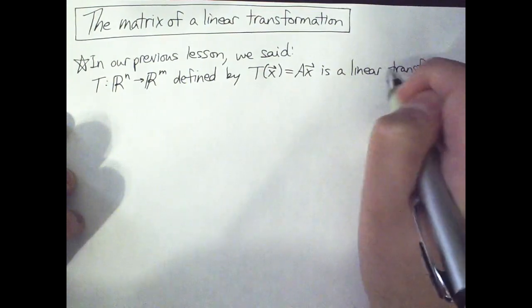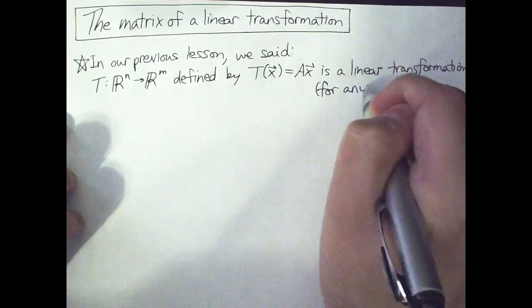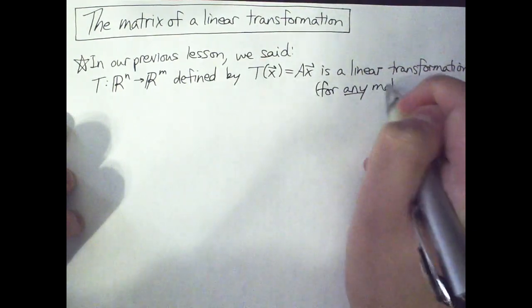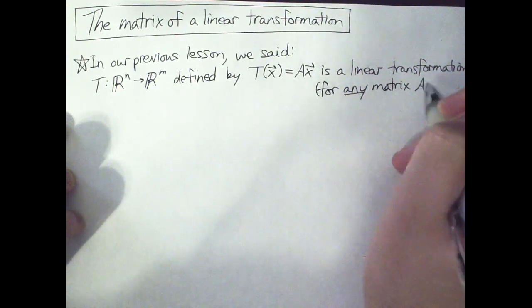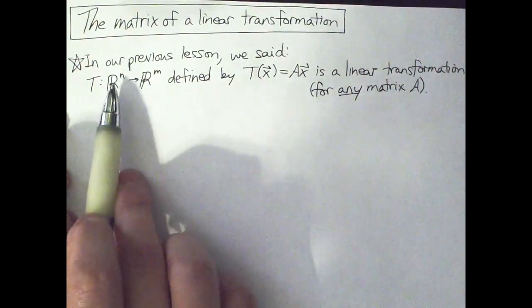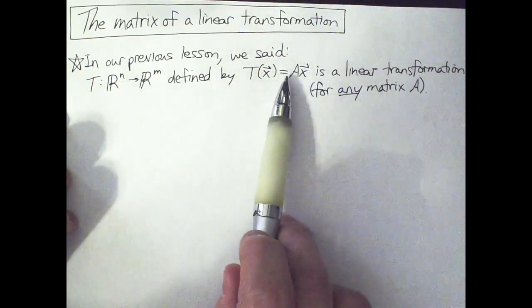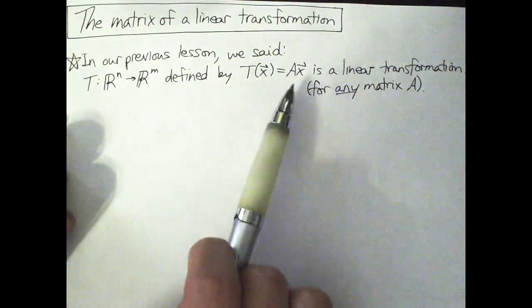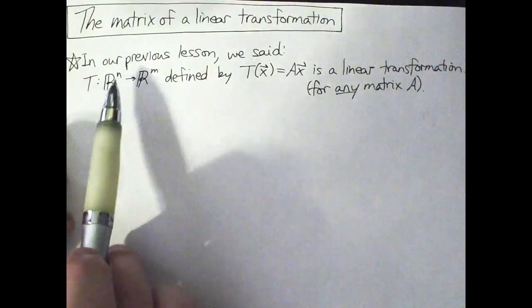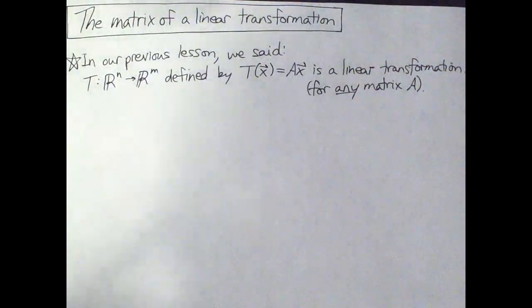And in particular, what I mean by this is for any matrix A, as long as the matrix A is the correct corresponding size for Rn and Rm, you always get a linear transformation. It is not just a transformation, it is a linear transformation, and we talked about what that means last time.